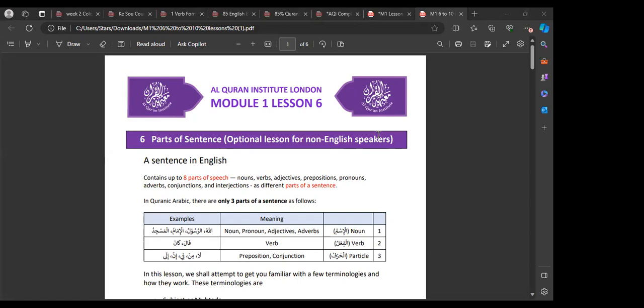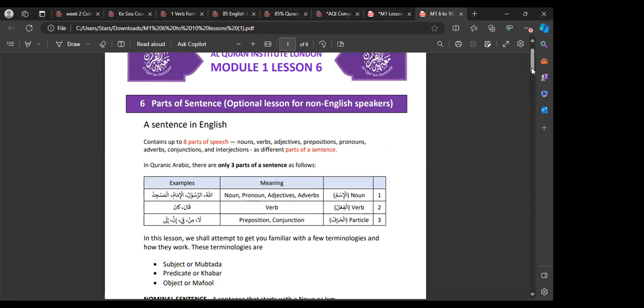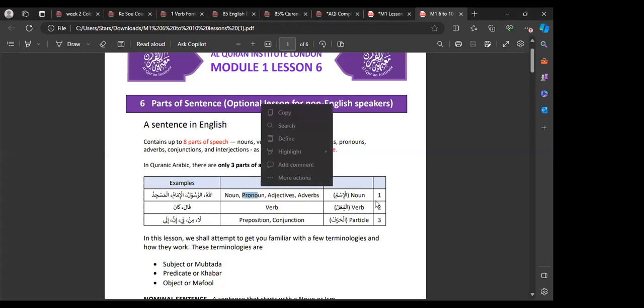So all of these 8 categories in English fall under one of the 3 categories in Arabic. As we can see in the table, ismun, noun, includes adverbs, adjectives, pronouns, and nouns. So all of these in English come under the category of noun in Arabic.